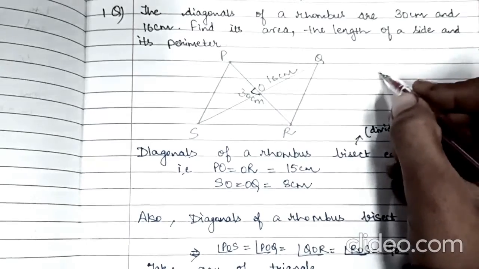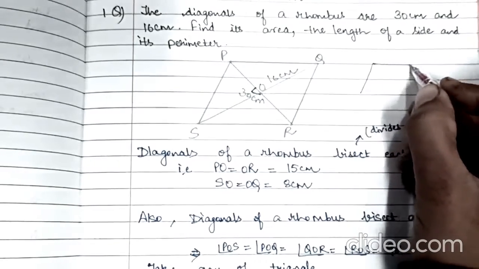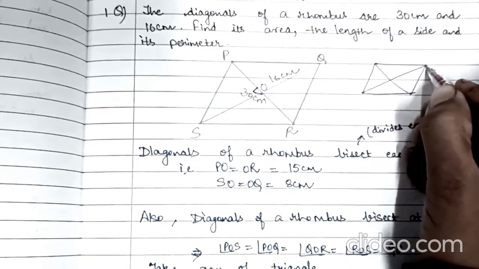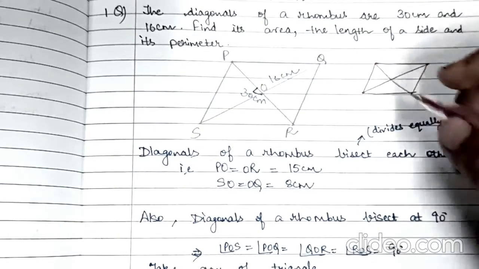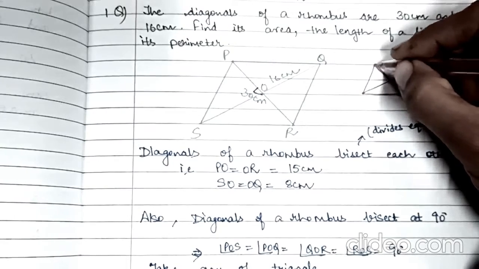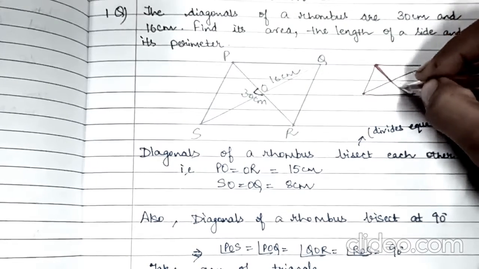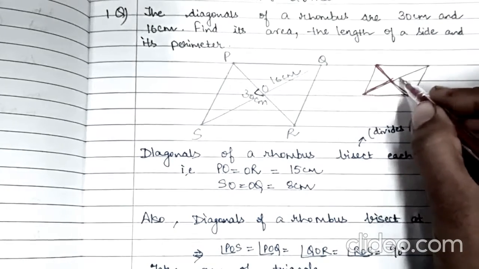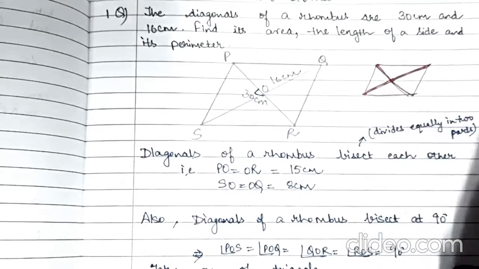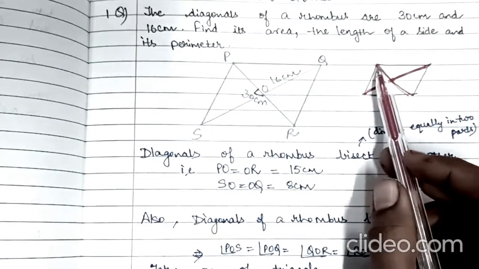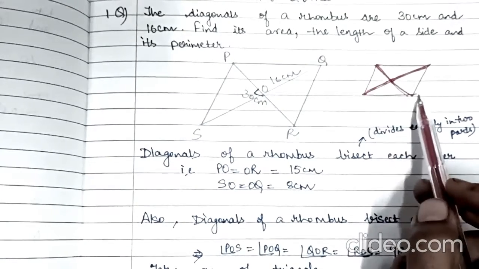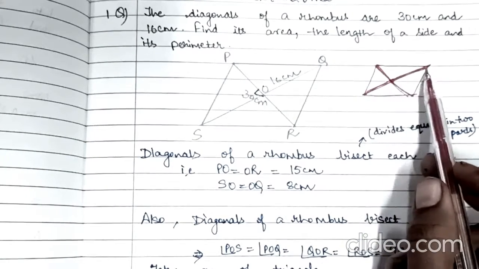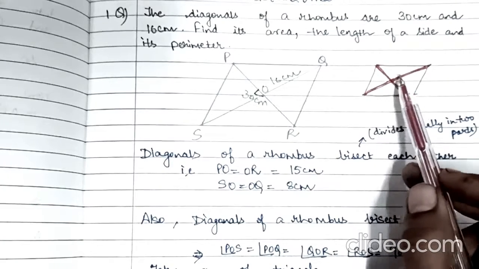Bisect each other means, suppose I have drawn 2 diagonals, this part will be equal to this part and this part will be equal to this part. So suppose if this is 10 centimeter, this will be 5, 5 and if this is 8 centimeter, this will be 4, 4.